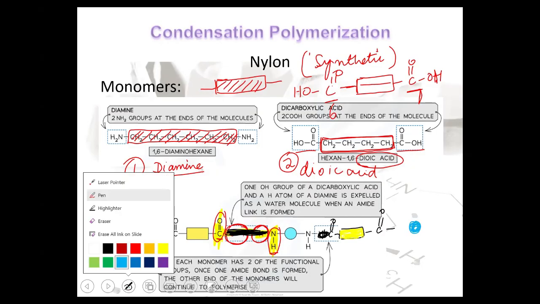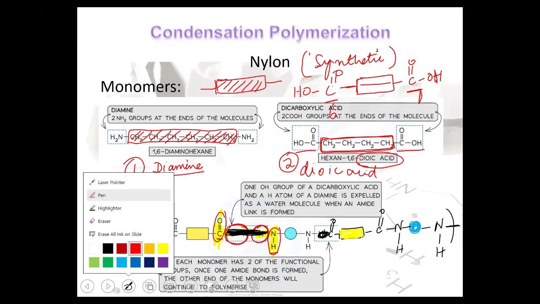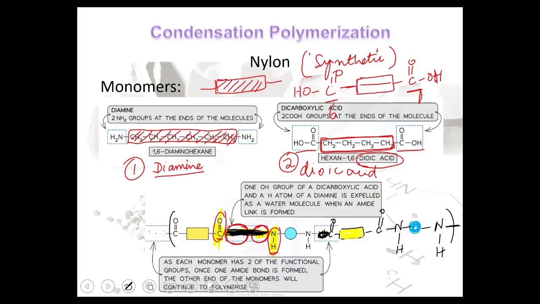Amine was having an N and was having an H, N, and H is left because H of nitrogen and OH of carboxylic acid is gone. So this side it is also left with N and H, and this line I'll keep empty by making a bracket here. Also here I will do the same. Since this OH is gone from the carboxylic acid, I'll make a bracket here and close it to show that this is a nylon structure with two repeat units.